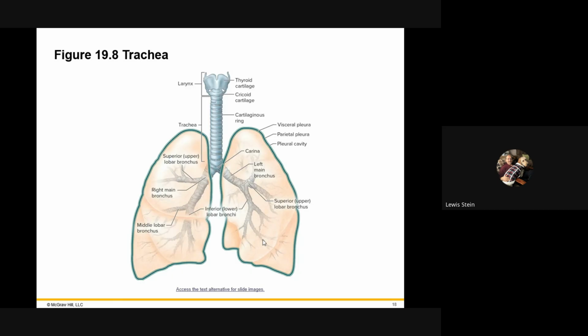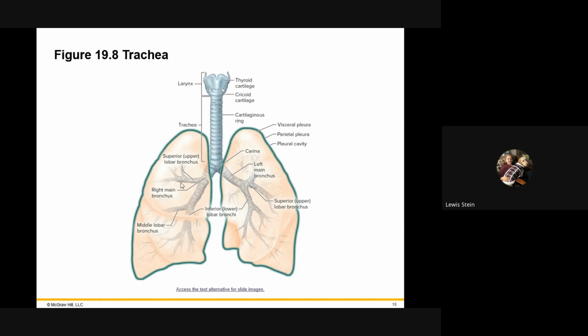And after that, it just keeps dividing. 23 orders of division, and the bronchi keep getting smaller. After the tertiary or segmental bronchi, these guys, we don't have a name. We just call them bronchi. When they get to be less than a millimeter in diameter, and they're all rings of cartilage, by the way, so no problem with air getting through there.